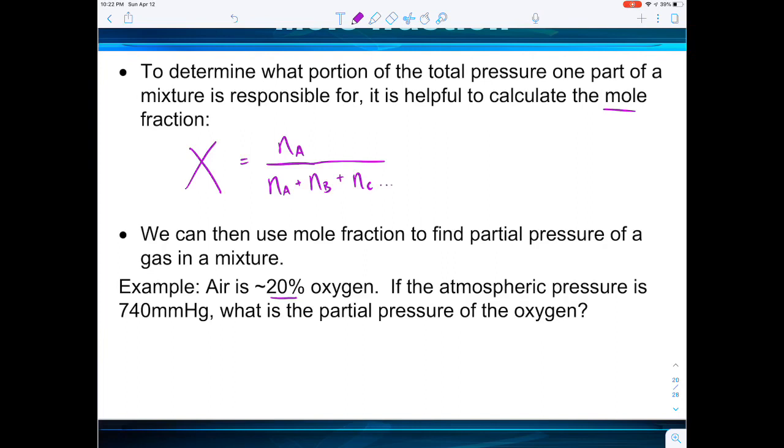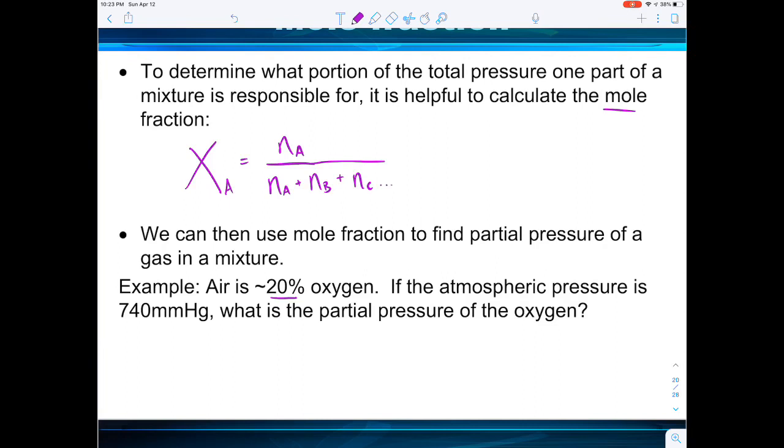So one more thing that this is useful for, let's say this is the mole fraction of A, is, we'll do lots of examples of this in class, but basically, if the mole fraction of something is 0.5, that means that in addition to being half of the moles of the mixture, it also is responsible for half of the pressure of that mixture. So if the total mixture has a pressure of 1 atmosphere and half of it is N2, the pressure of the N2 will be 0.5 atmospheres.